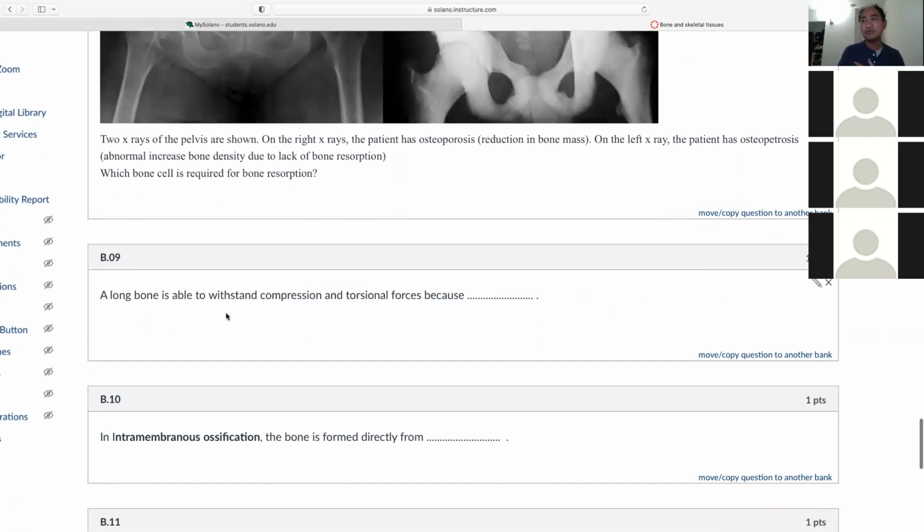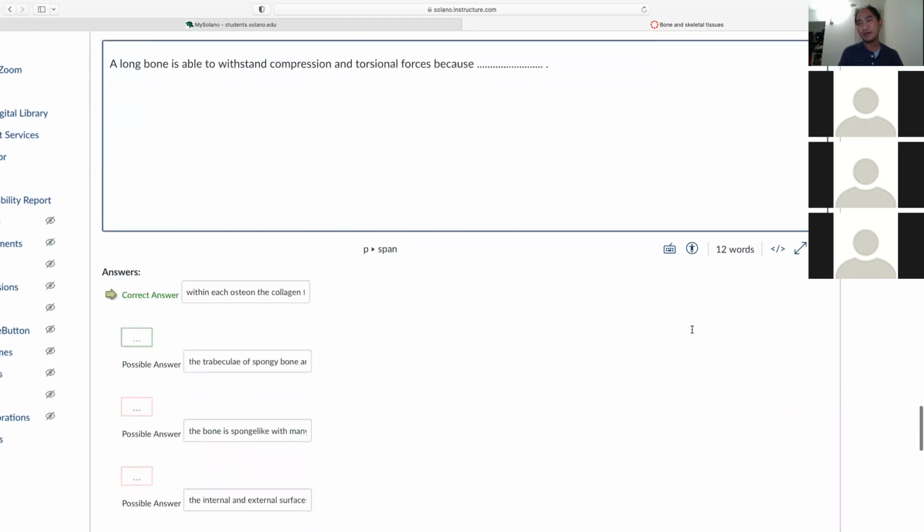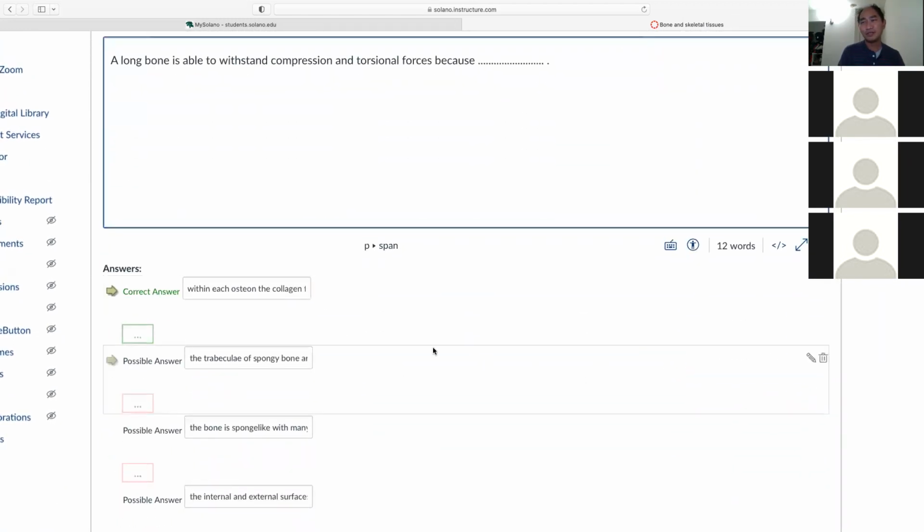Long bone is able to withstand the compression and torsional force because, let's have a look. Within each osteon, we have the collagen fibers. So that means collagen fibers and the mineral crystal in the adjacent lamellae in the deposit.